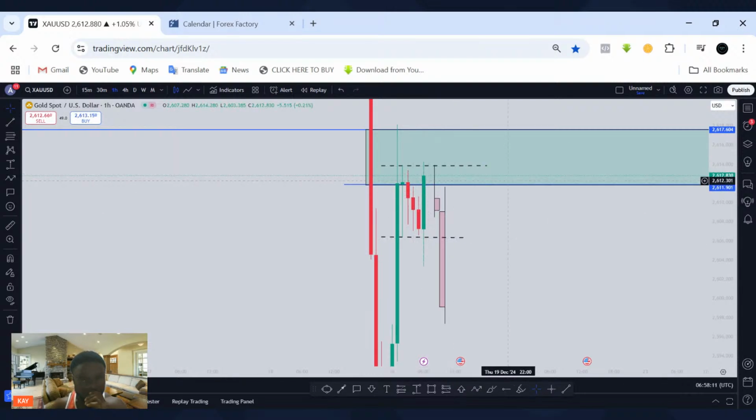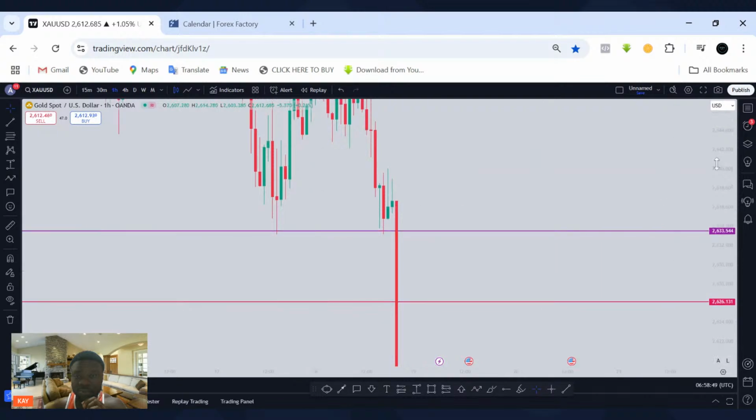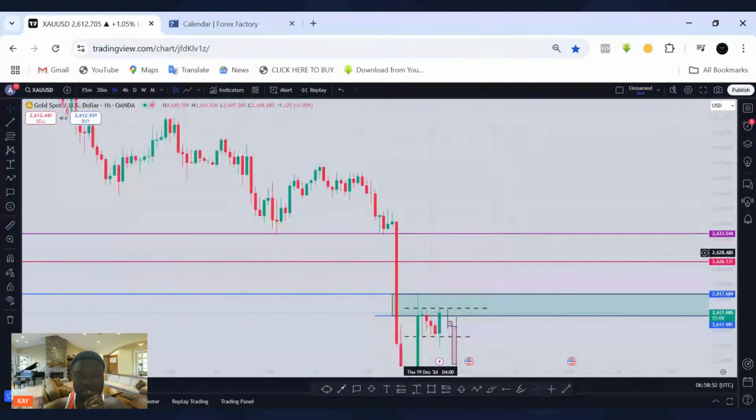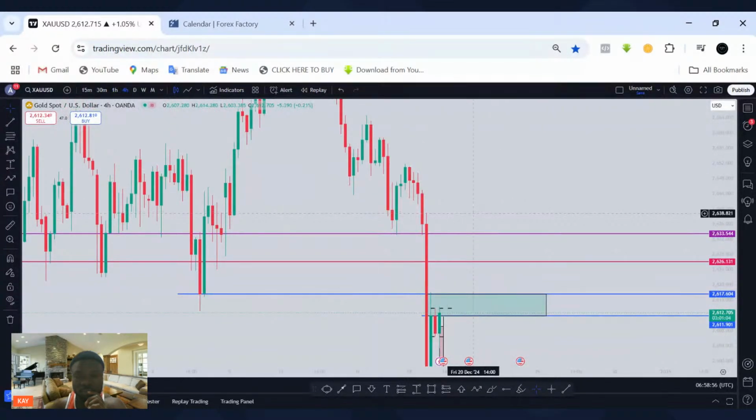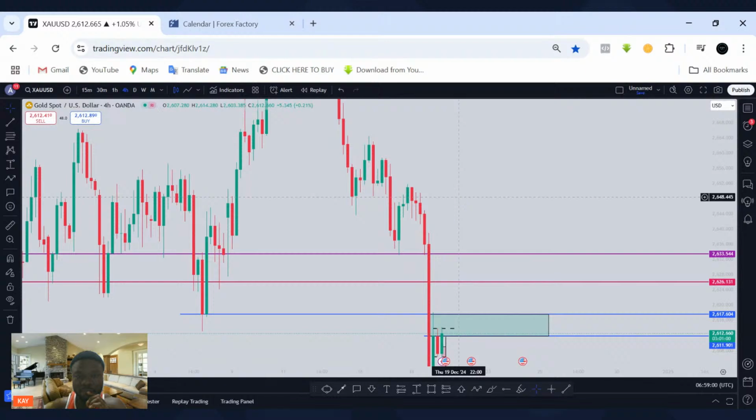But if the high gets broken, and we're having a tradable zone here, the chances are that price will come to this side, fill this tradable zone, and then continue down. So maybe that's what might happen.